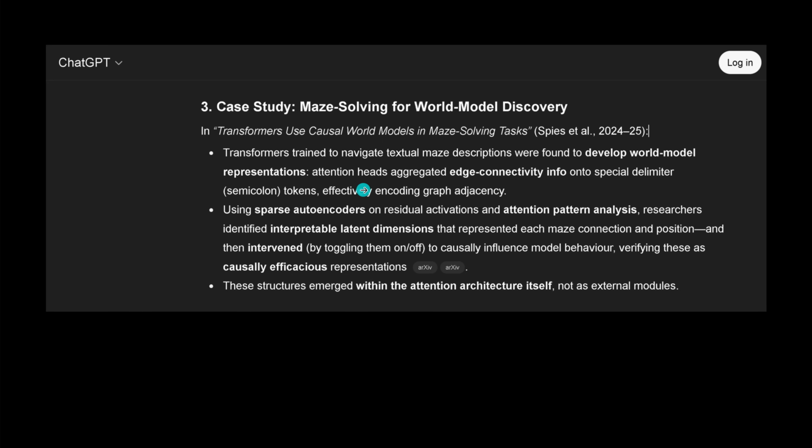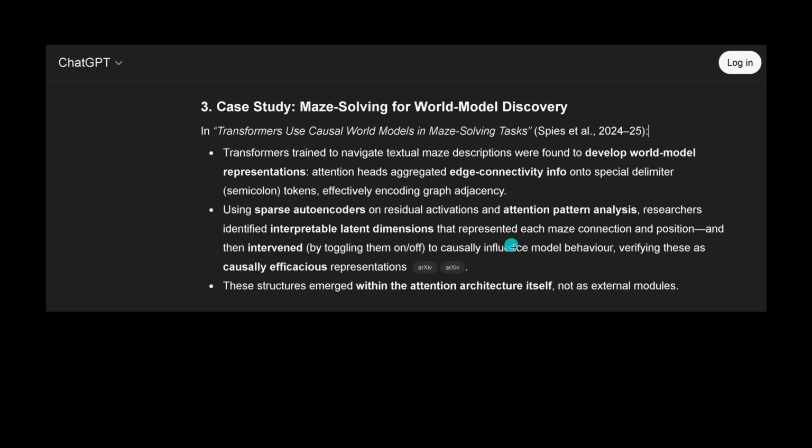The attention heads aggregated edge connectivity information onto special delimiter tokens, effectively encoding the graph adjacency. And they used a sparse autoencoder, of course, for the residual activation and attention pattern analysis, but they could identify interpretable latent dimensions that represent each maze connection and position.